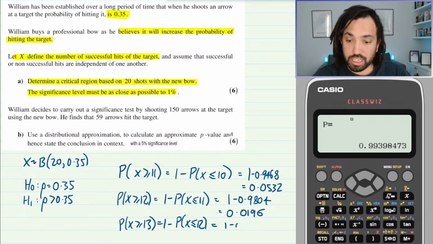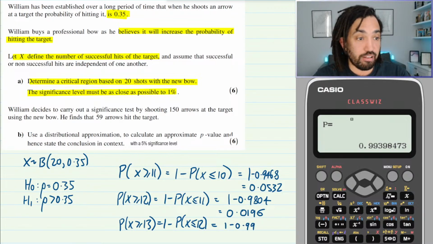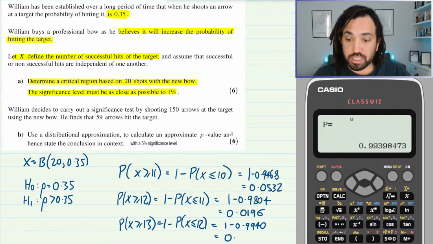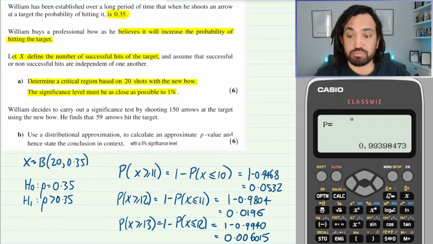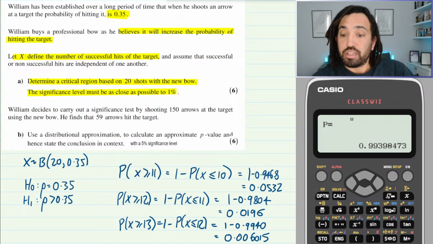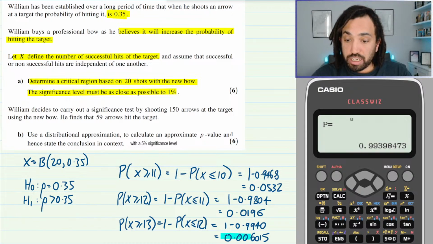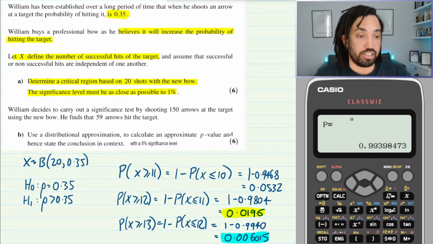So that's 1 minus 0.9940, and that gives me a probability of 0.006015. Okay, so this one is closer to 1%. That's about 0.6%, and this one is just under 2%.